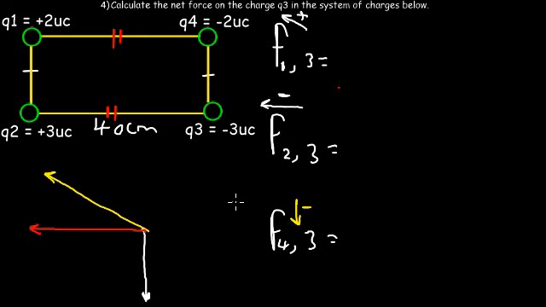So we need to calculate the net force. So what should we do? So what we are going to do in this case is that since F sub 2, 3 and F sub 4, 3 are perpendicular to each other, we can use the idea we use in the just recent previous problem. We find the net force between them using Pythagoras theorem.